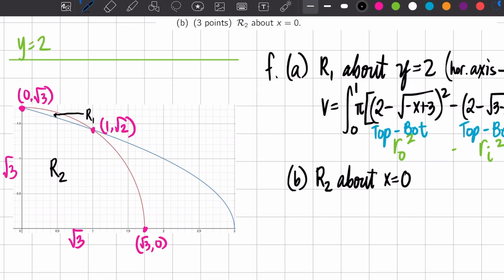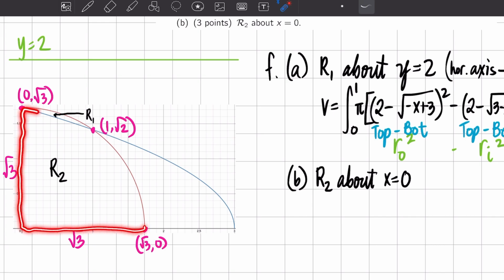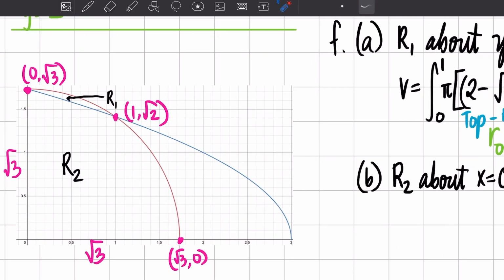This is your R2 right here, and we want to revolve it about the line x equals 0. And the line x equals 0 is this one right here. Okay? That's x equals 0.